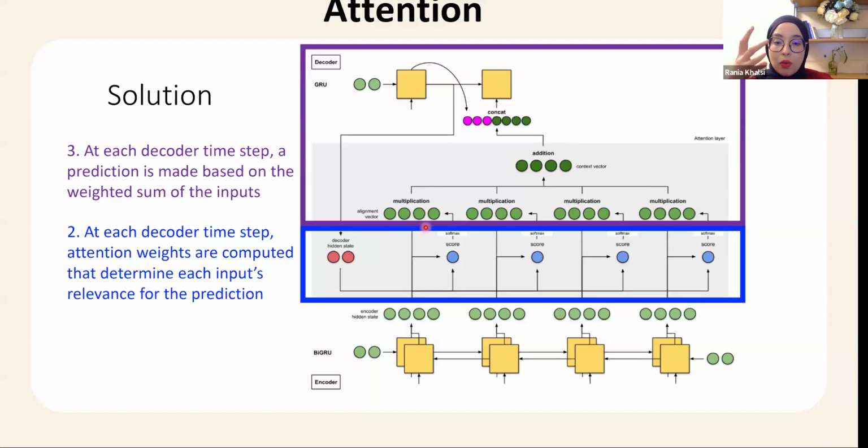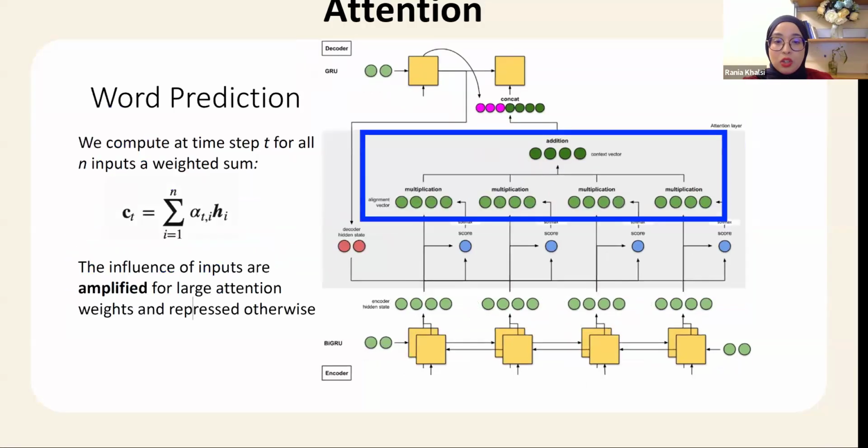This weighted sum incorporates attention. These attention values determine how much each token contributes to the final output. Mainly, this process is summarized in the formula that you can see.